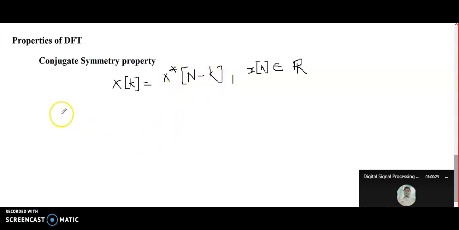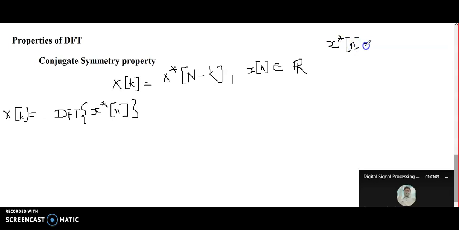We can also prove this, because what will be the DFT of this? The DFT of xn, if xn is a real number, if xn is real, then xk can be written like this also. Agree? Because its complex conjugate will be the same as xn. If xn is real, then its complex conjugate and this are both equal, aren't they?